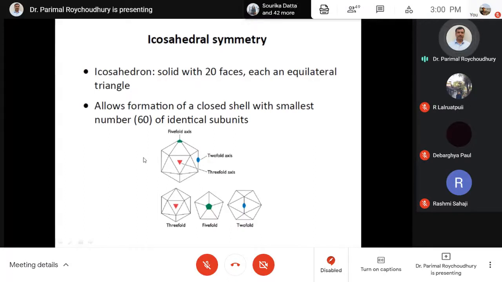So when we talk about icosahedral symmetry, you'll be wondering, what is an icosahedron or icosahedral symmetry? This is quite interesting. Even the physics people, the scientists from architecture and physics, say that the icosahedron is the most rigid structure in the world.